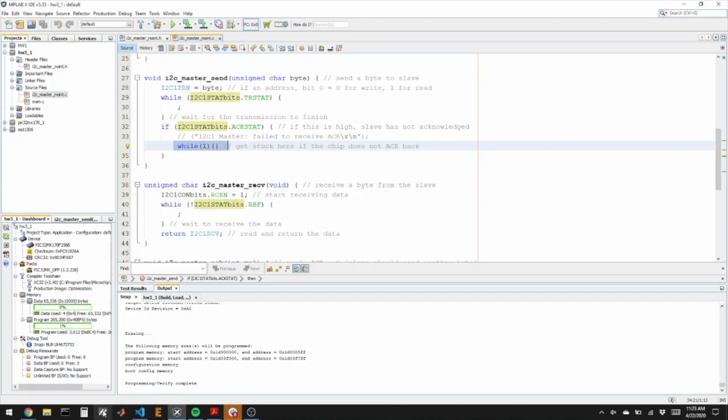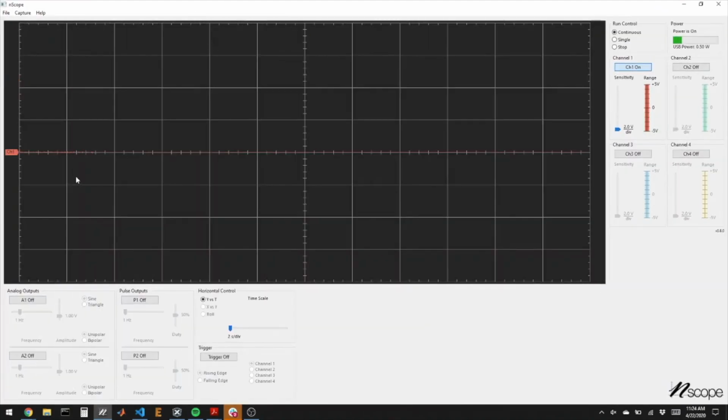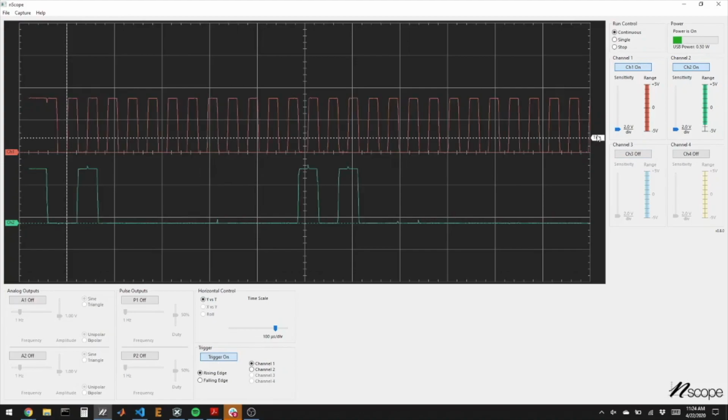So let's take a look at what the voltages look like in NScope. I've got the clock on channel 1 and the data on channel 2. I'll need to zoom in to be able to see what these voltages look like, and I'll trigger on the clock.